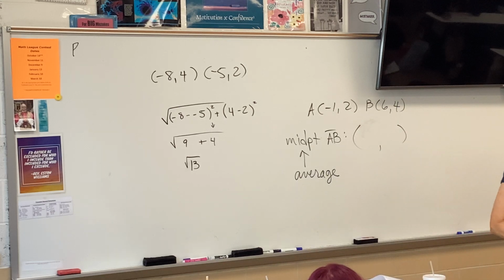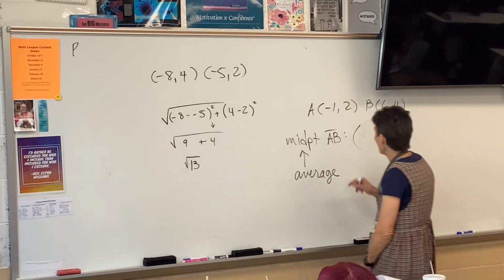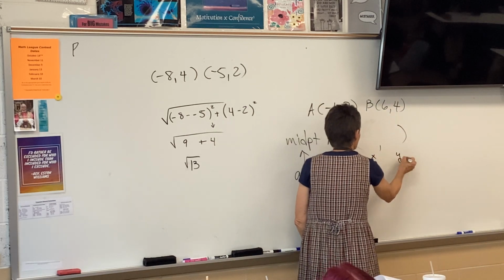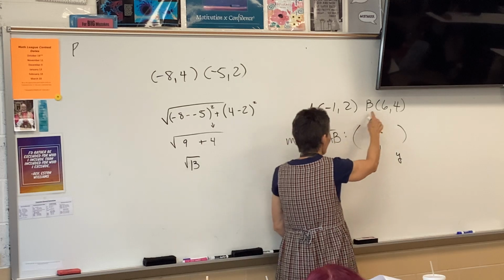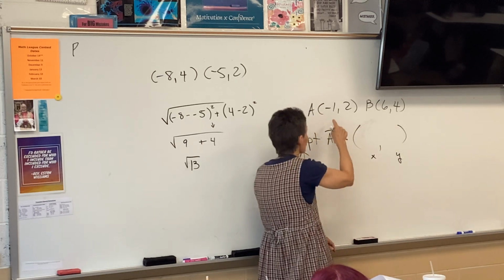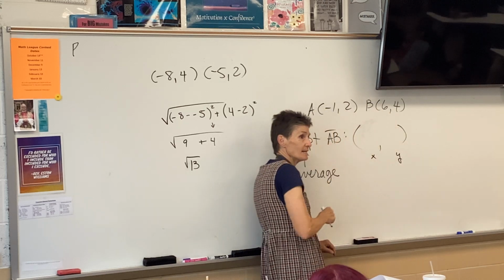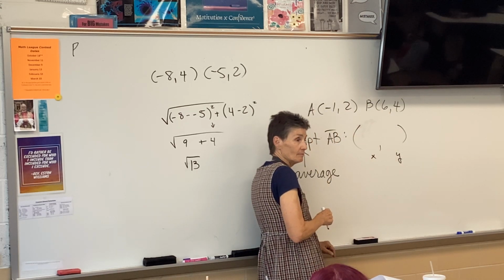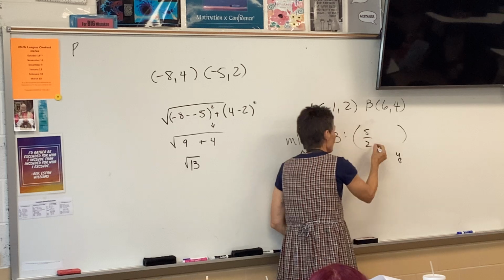How do we find mean or average? If you get a 10 and an 8 on 2 quizzes, what is your average going to be? 9. How did you figure that out? You add them and divide by 2. So if I want to find my average x, I'm going to add my x's and divide by 2. So -1 plus 6 is 5 divided by 2. I'm going to write 5 halves.